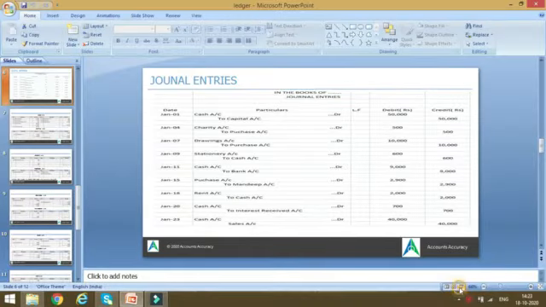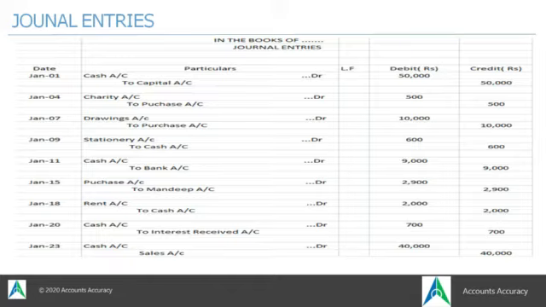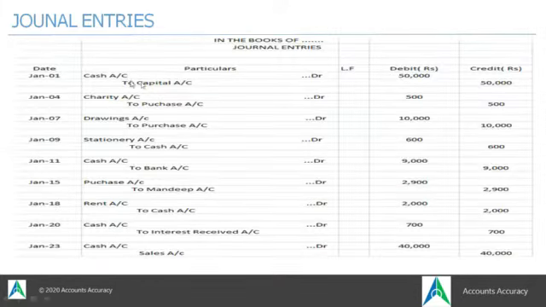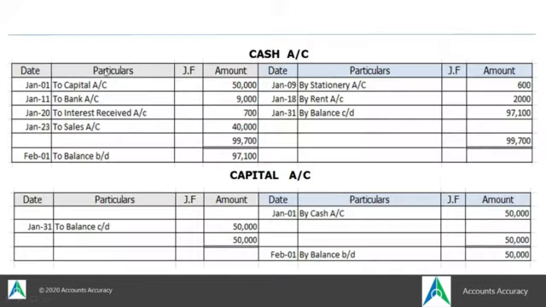Now let's come to cash account first. Here I have written January 1 to capital account. Why, do you know? Because in journal it is written cash account to capital account on 1st January. So as this has been passed, cash is debit and we are making the cash ledger.